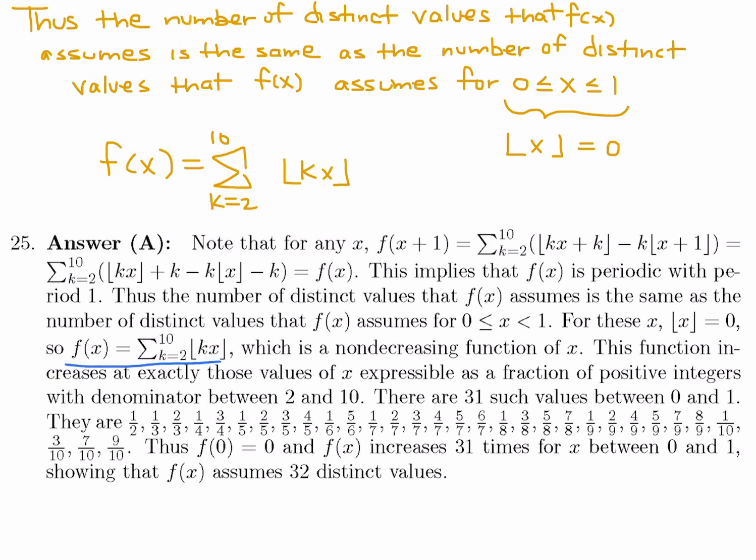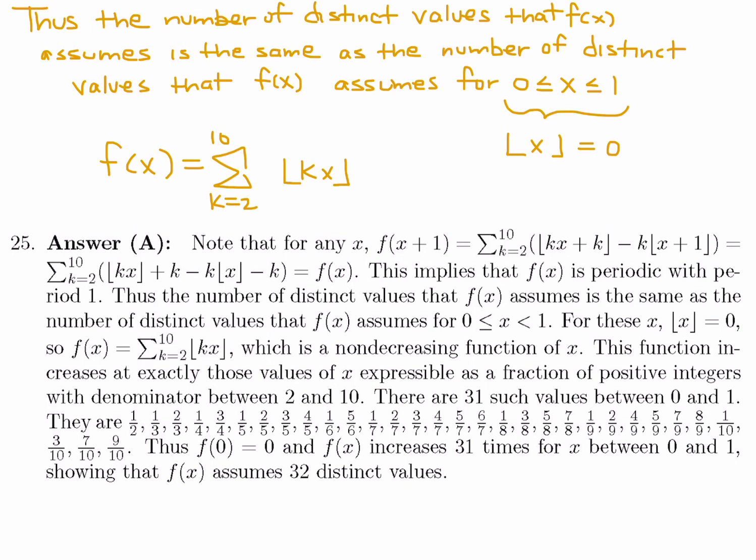And for this function, which is of that form, that function will have a number of values, and those values can be calculated by substituting values of x, and those values of x obviously have to be between 0 and 1 inclusive. And if you look at this carefully, you'll see that they are going to pretty much be all fractions between 0 and 1.